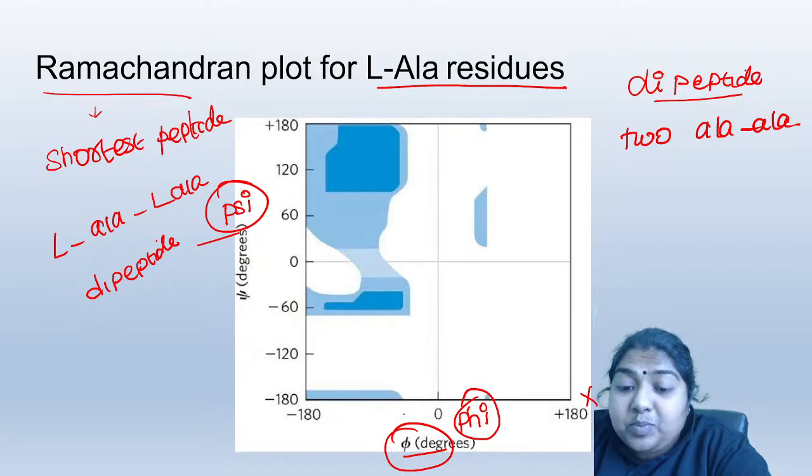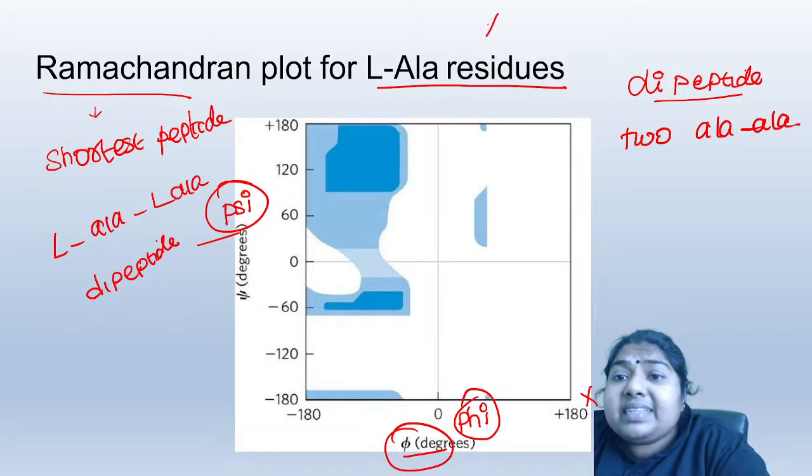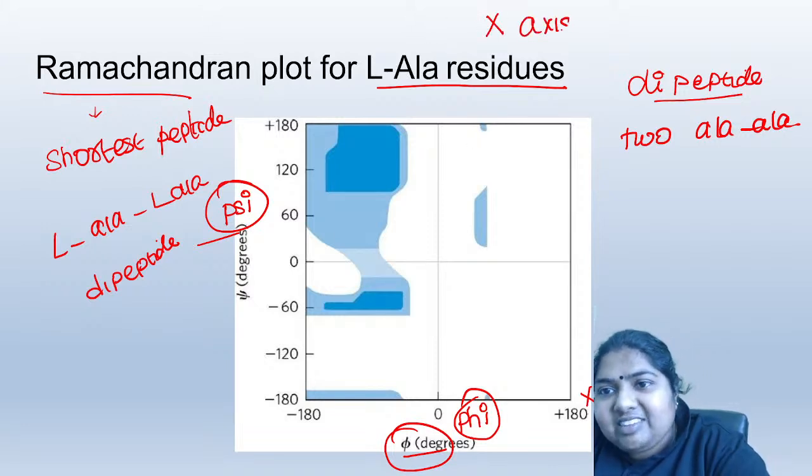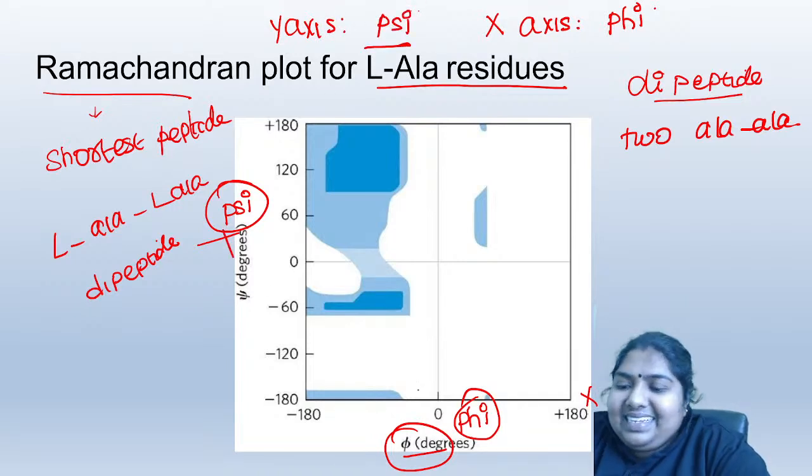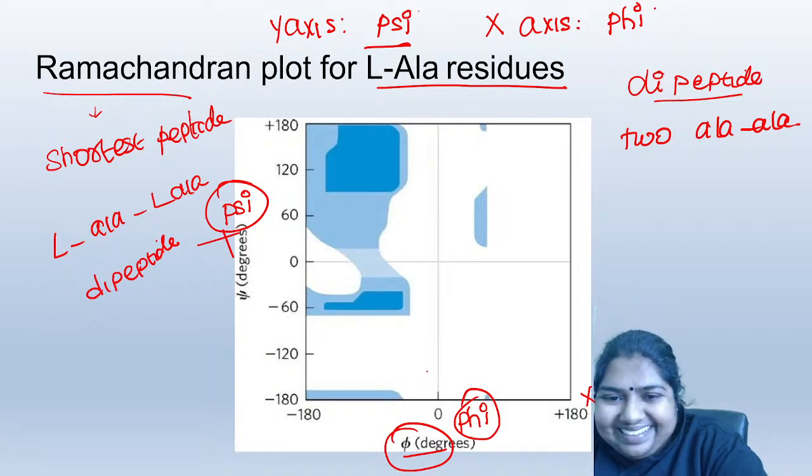The x-axis is the phi. Who is on the y-axis? It is the psi. Please remember this. In the x-axis you will have the phi, and in the y-axis you will have the psi. Y psi. X is phi. Remember this.